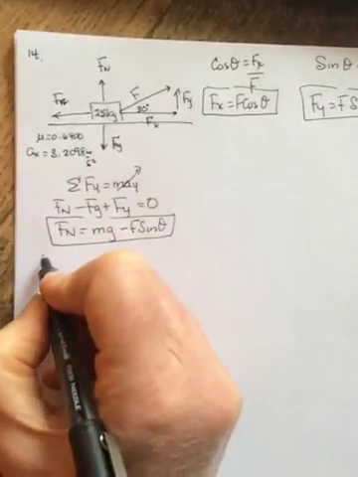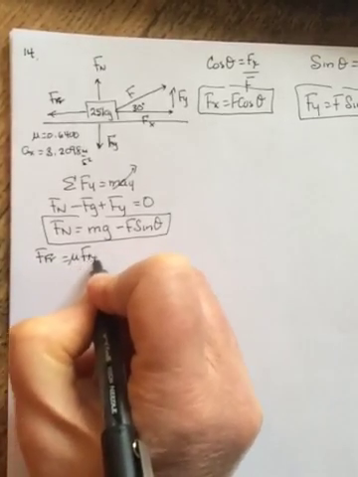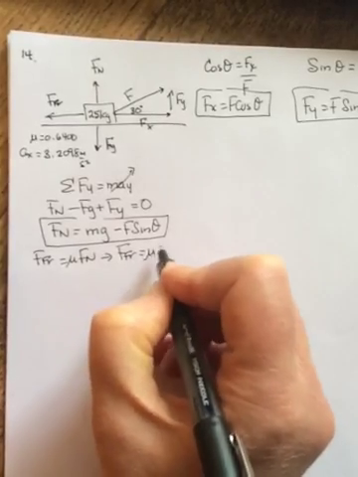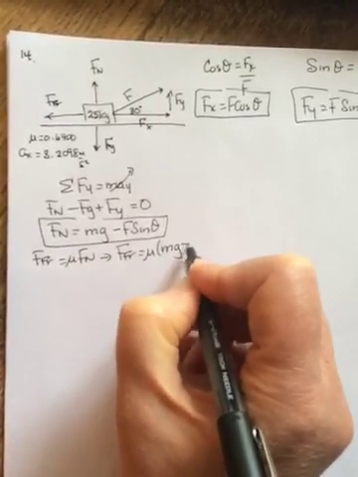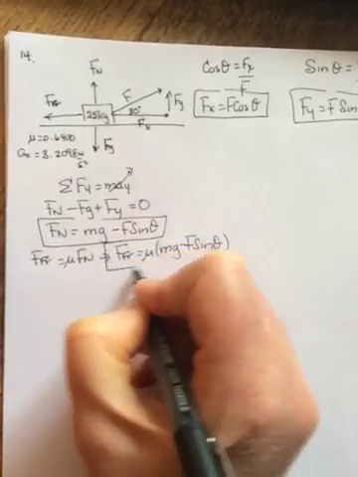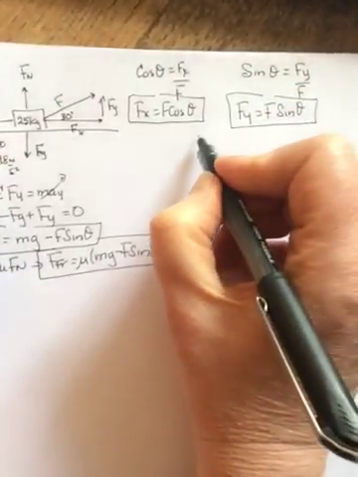Now, you could get friction if you want. Ffr is equal to mu Fn, and that means Ffr is equal to mu brackets mg minus F sine theta. Again, can't get a number for this. You're going to have to sub it in when you do the sum of the forces in the x direction.